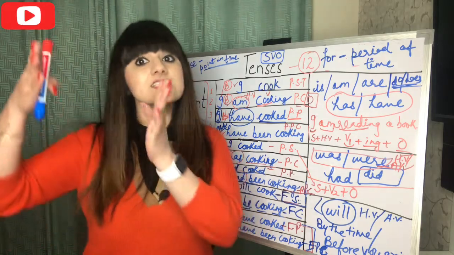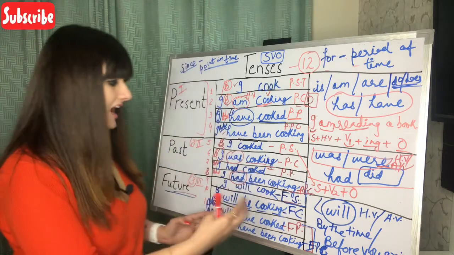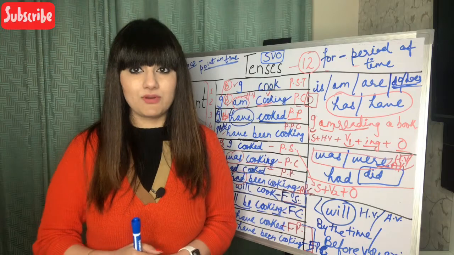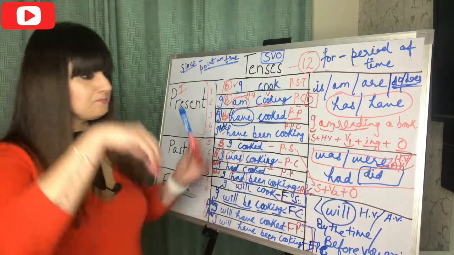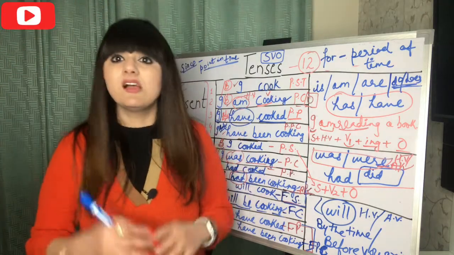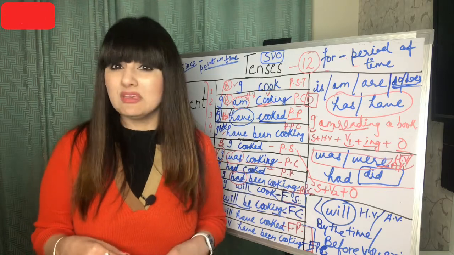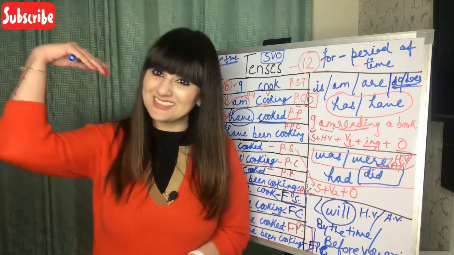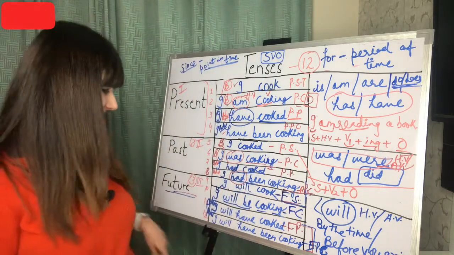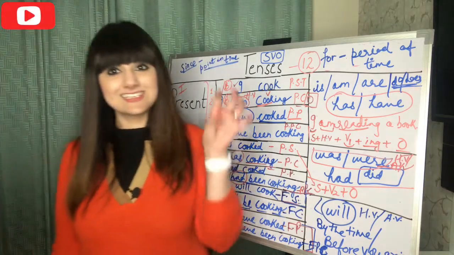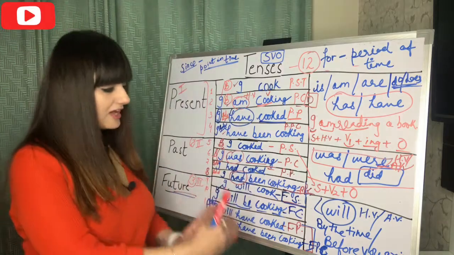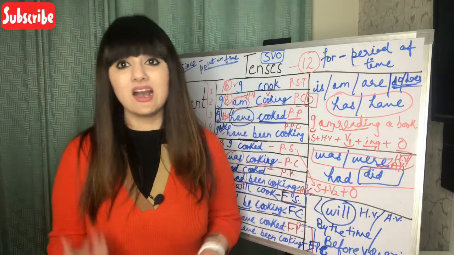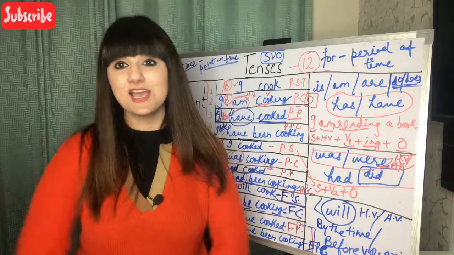Before the guests arrive, I will have been cooking all day. I will have been cooking all day, so I'll be exhausted. Talking about the future one. I repeat, before the guests arrive, I will have been cooking all day, so I'll be exhausted.